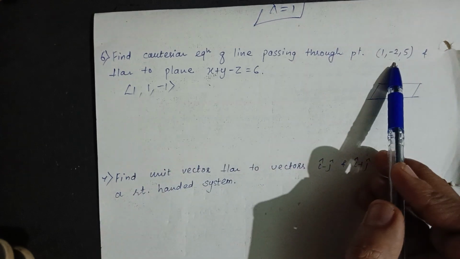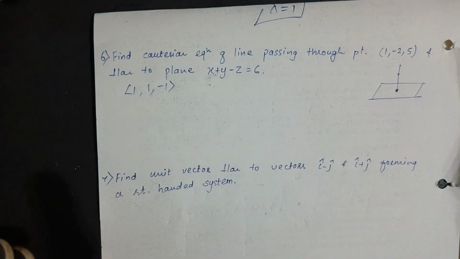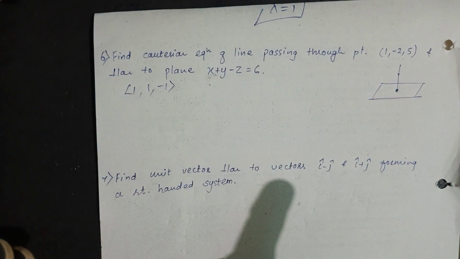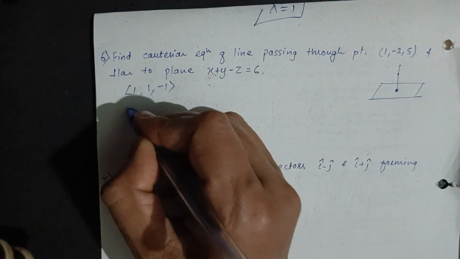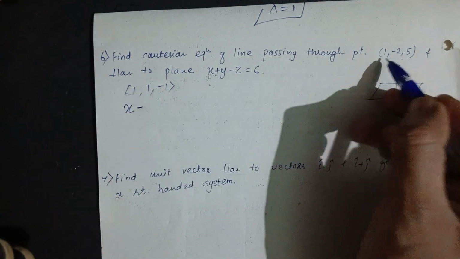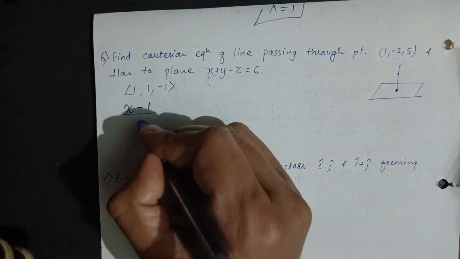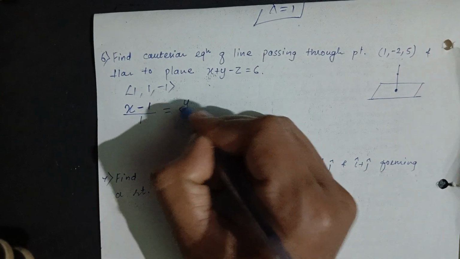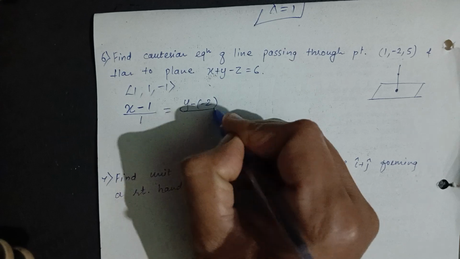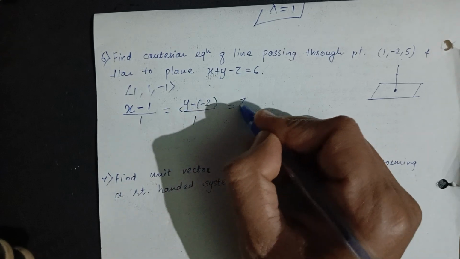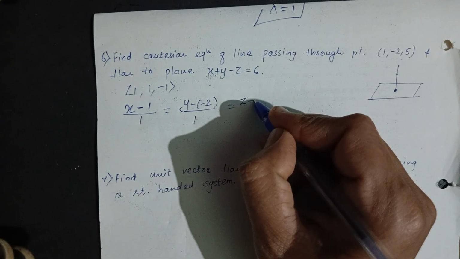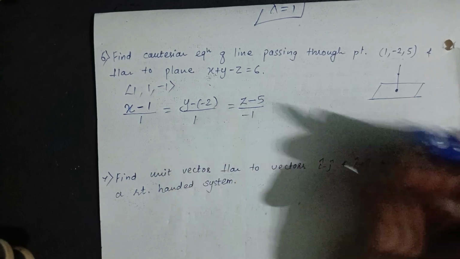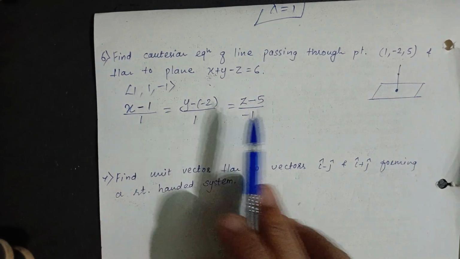The Cartesian equation of the line is given by x minus x1 upon a, where a, b, c are the direction ratios, right? So we can write x minus 1 upon 1, y minus minus 2 upon 1, z minus 5 upon minus 1. This is the Cartesian equation.